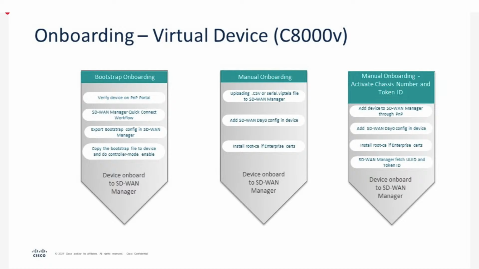We'll have to copy the chassis number and the token ID from the vManage, and then copy this information onto the edge device. Apart from this, we also need to copy the root certificate information, and install the root certificate on the edge device. Only after this, the edge device will be validated by the validator, and then it can come online.